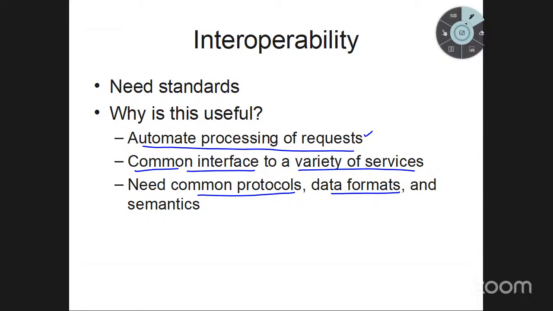Here I'm using XML, there I'm using JSON, here a text file, another type of data. We can't use different ones; we need a common data format. And rules, semantics. When I'm talking, you should listen. That is a rule.